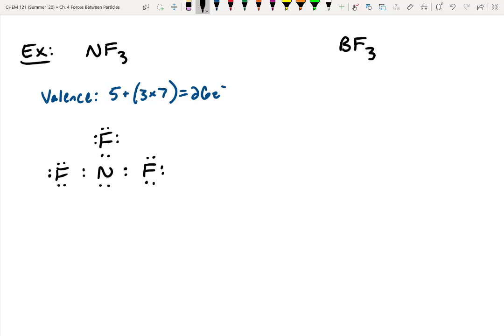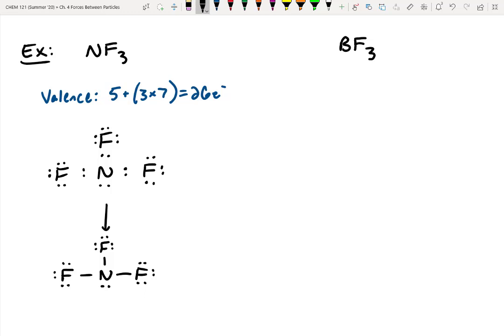Well, it looks like everything has an octet now. So we can go ahead and say, well, this to me looks like it would be this Lewis structure. And we'll go ahead and put in all our dots in here. And voila. However, we need to think about the overall shape, right?